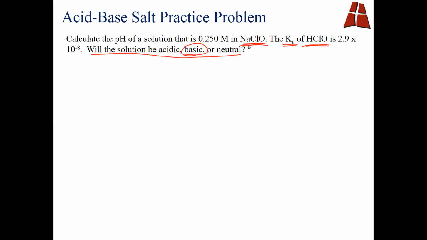Be basic, as I tend to say in class. And so by the time we get around to calculating a pH, we should just make sure that that pH is, in fact, above 7, which would indicate that it is basic. Okay.